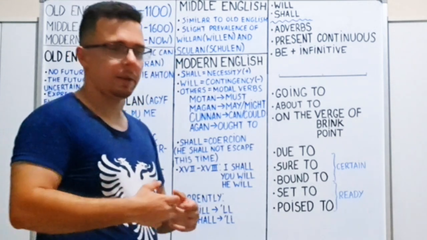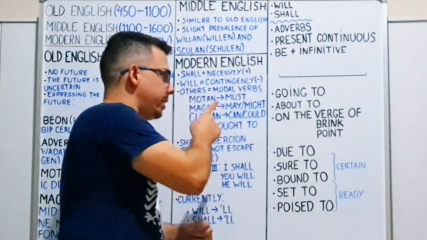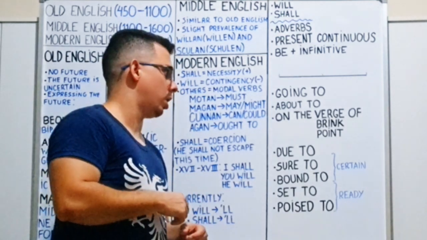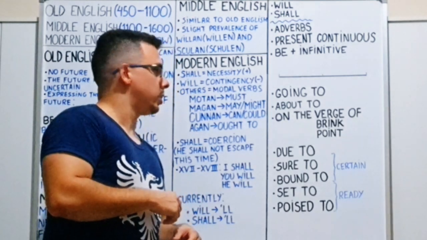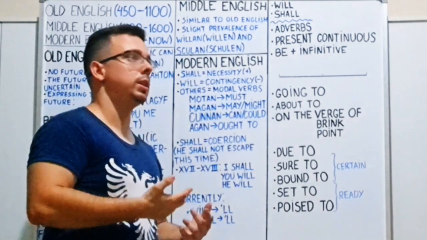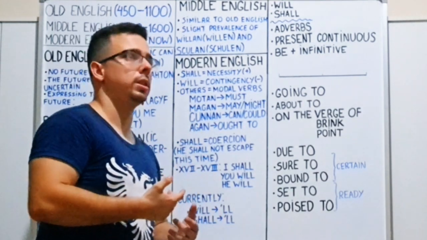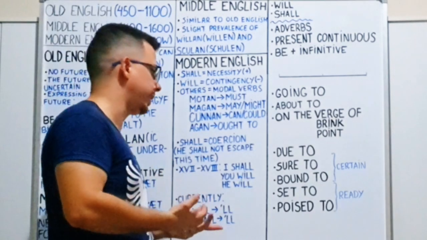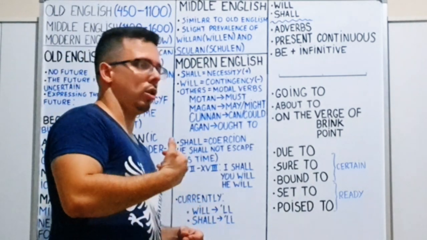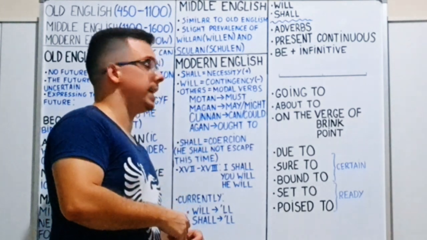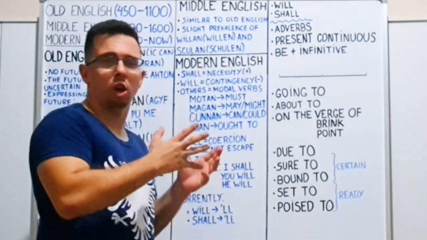For some reason, every time that I come across any explanation about going to on the internet or in books, it's always something about the weather. So for example, if you see a dark cloud and you say it's going to rain, based on what you see in front of you, you say it's going to rain. So it's not raining, right?